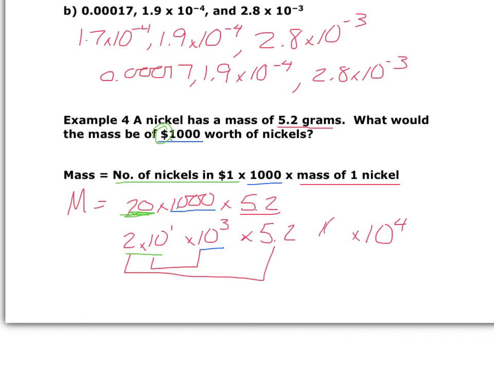I get 10.4. But now again, if I want to write a number in scientific notation, I can't have a number like 10.4 because there can only be one digit in front of the decimal. So what I'm going to do is take this decimal place and shift it over 1. Since I've made that number smaller, I have to make my exponent bigger. So I have to add 1 here.